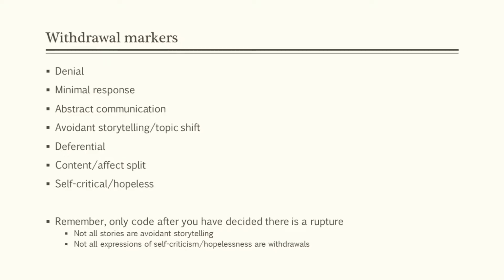So denial, like the example in the clip, is the patient withdrawing by denying a feeling state that is really evident, or denying the importance of something that's going on, or interpersonal relationships or events that are relevant to the therapy. So the patient's moving away by denying something, trying to sort of shut down discussion of something.